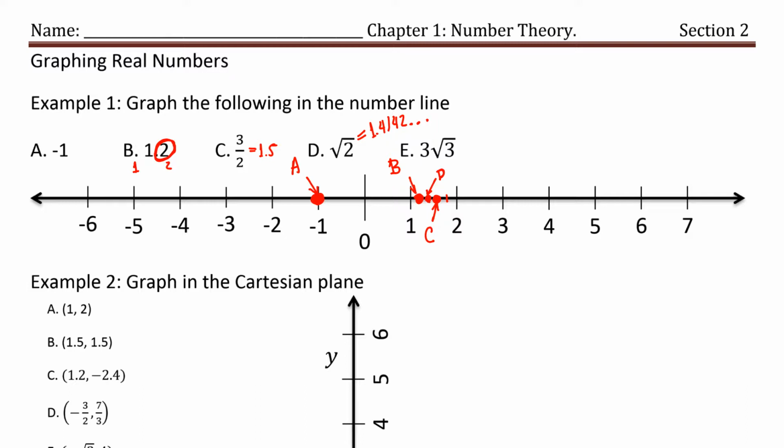Then the last one is 3 square root of 3, and like before, the best way to do it is to plug it into the calculator to get an estimate, and that is going to be equal to 5.919615, etc. Okay, so we're going to round it off to 5.2, which is somewhere down here.